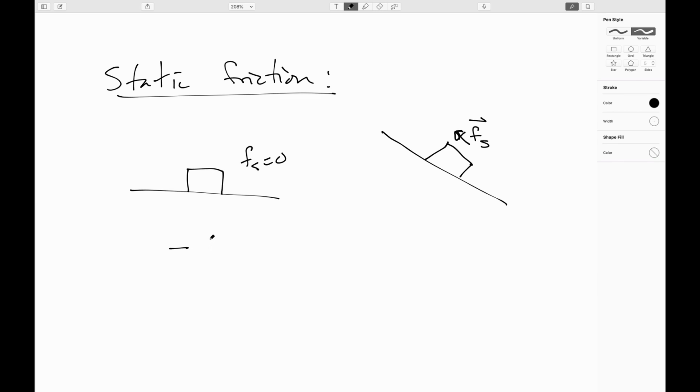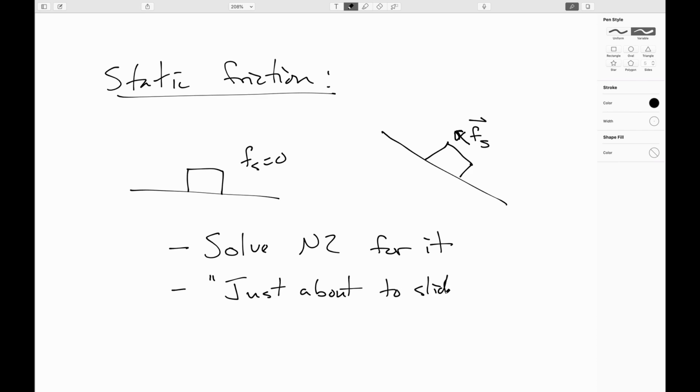You either, and this is always the safest thing to do, solve Newton's second law of motion for it. The other possibility is sometimes you'll be given coded information in the problem. Usually a phrase something like "just about to slide," or "what is the maximum I can push," phrases like that.